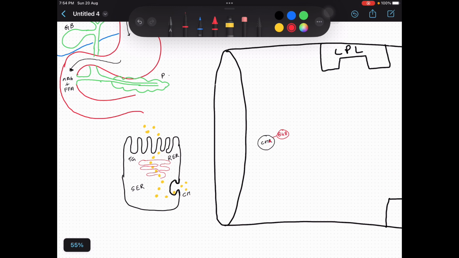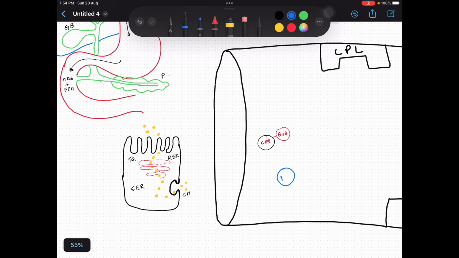This is known as nascent chylomicron. Sorry, ApoB48. This is called nascent chylomicron.